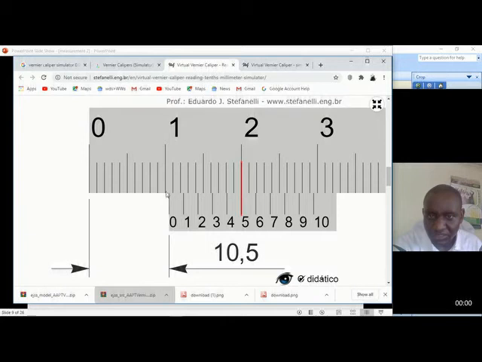So you read what is here. This is 1.0. Then you look at the division until which one coincides. This one coincides, the fifth division. You multiply it by the least count of 0.01, which gives you 0.05. So it will be 1.0 plus 0.05, which is going to give you 1.05.